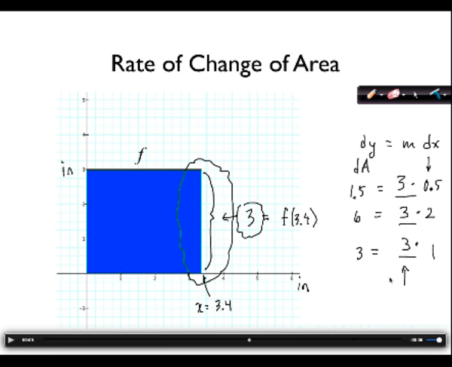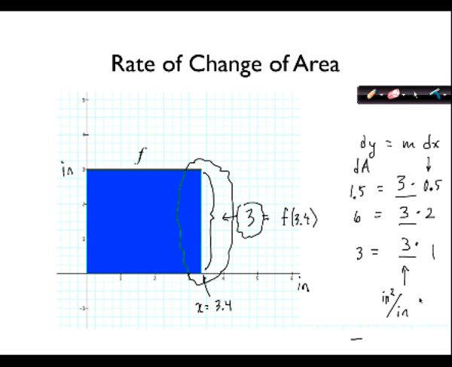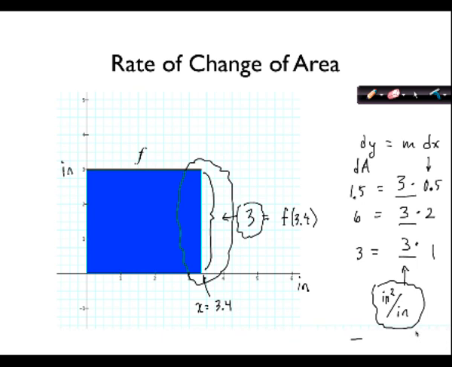So the rate of change would be inches squared per inch. Do they cancel out and become inches? No, because that's not a rate of change anymore, that's just distance. We want to keep it as inches squared per inch because that represents rate of change: for every variation in inches of x, we have this variation in inches squared.